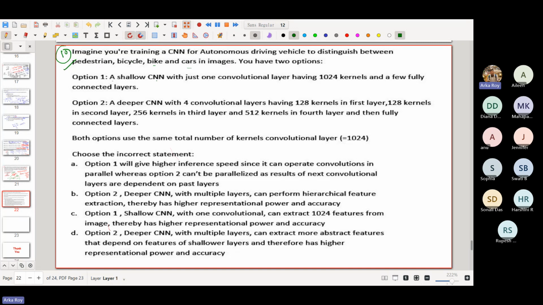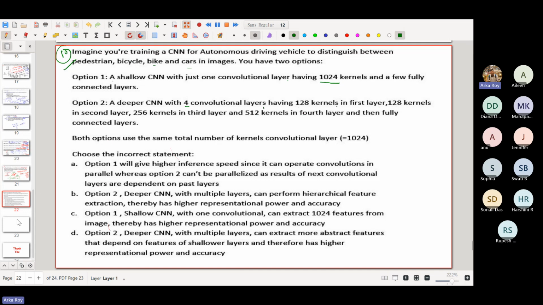Option one is a shallow CNN with just one convolution layer having 124 kernels and a few fully connected layers. The second one is a deep CNN with four convolutional layers: 128 kernels in the first layer, 128 in the second, 256 in the third, 512 in the fourth, and then fully connected layers.